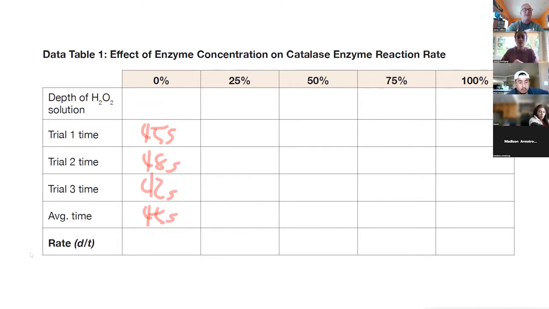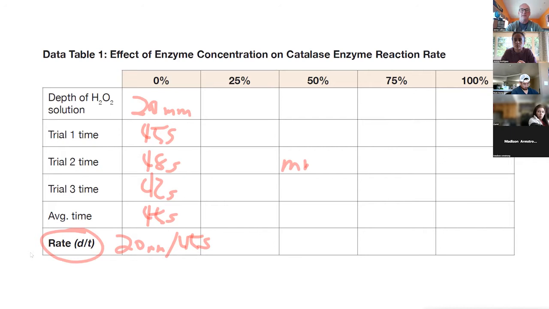If the depth of the solution is like 20 millimeters, then the rate of the reaction would be 20 millimeters over 45 seconds. And you want to get that per second. So the rate you're going to be plotting is millimeters per second, okay? So that's table 1.